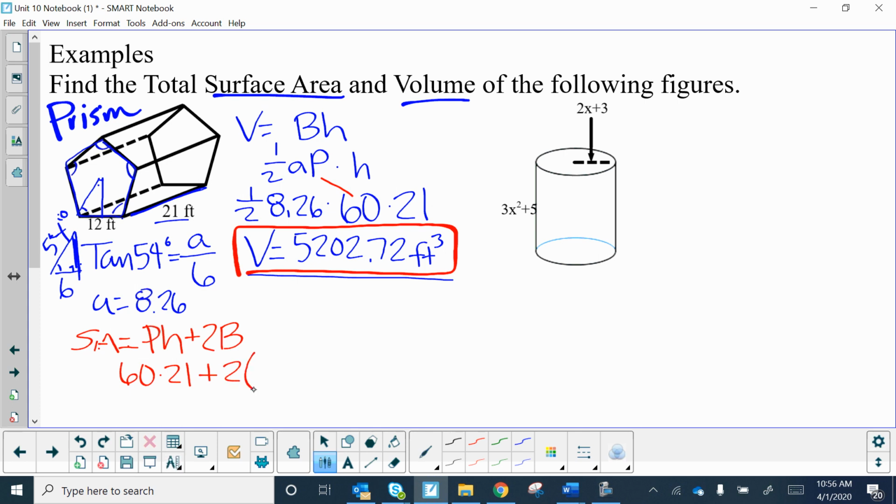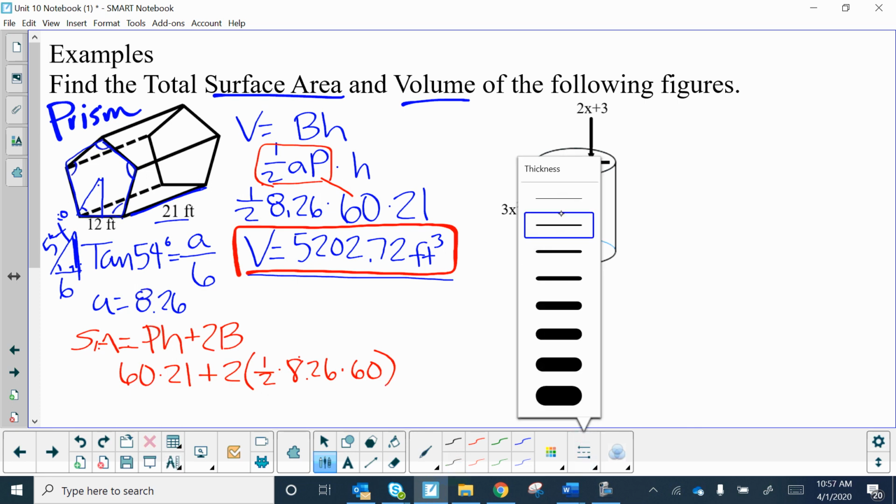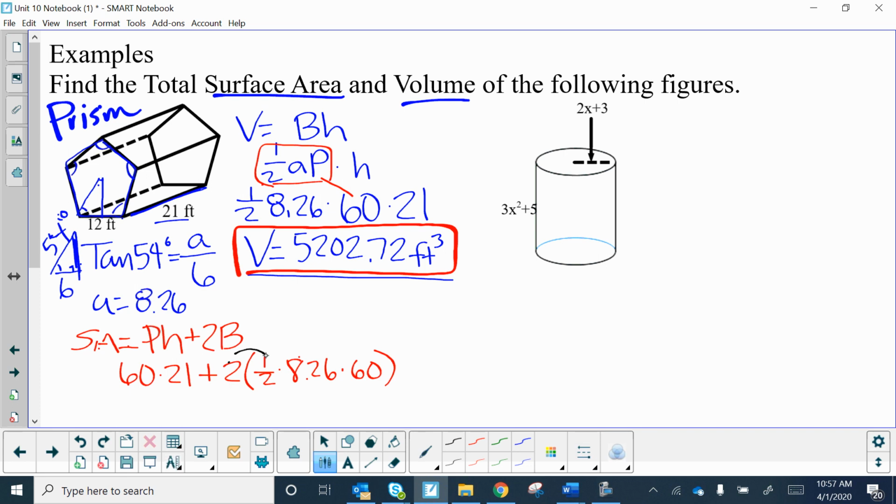So capital B, if you remember, is this formula right here, which was 1/2 times 8.26 times 60. Okay, so I'm multiplying 2 times all of that. Now, just to be sure, because I've seen some of my kids do this in the past, you are not going to distribute that 1/2 because everything's being multiplied here.